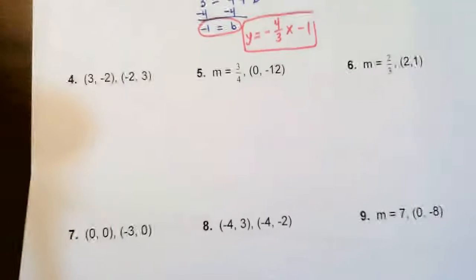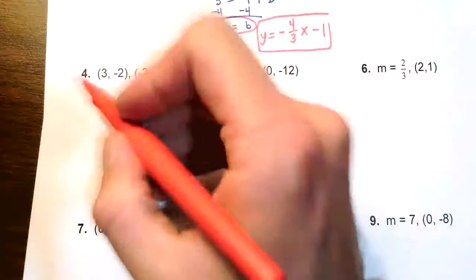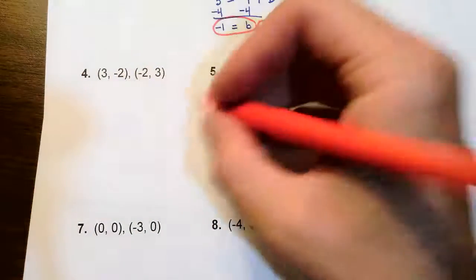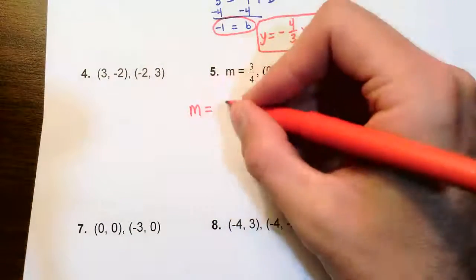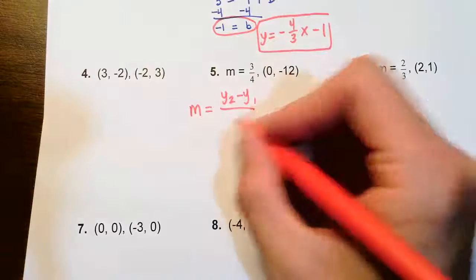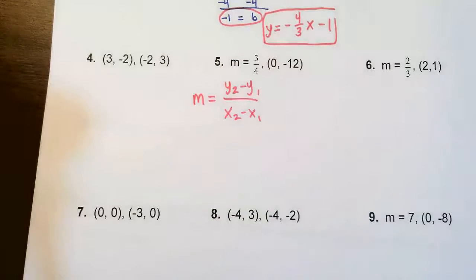So let's look at number 4. When you're given 2 points, you can use that to find the slope, right? There's a slope formula where slope is equal to y2 minus y1 over x2 minus x1. You take the y coordinates, subtract them, it goes on top. The x coordinates, subtract them, goes on the bottom.